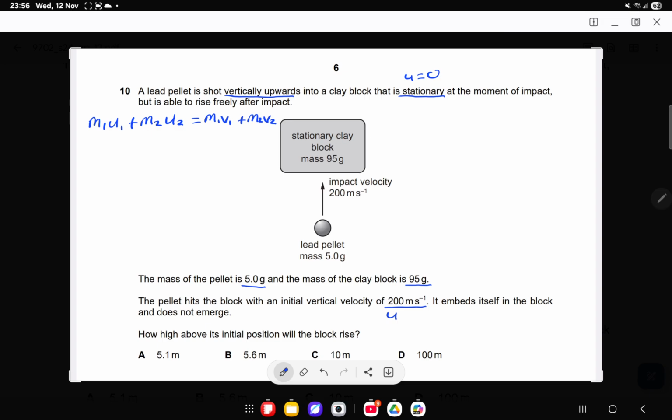So when I do my substitution, the mass of the pellet is 5 grams. But remember, let's change it to kilograms. So that will give us 0.005 kilogram times the initial velocity of the pellet, which is 200.